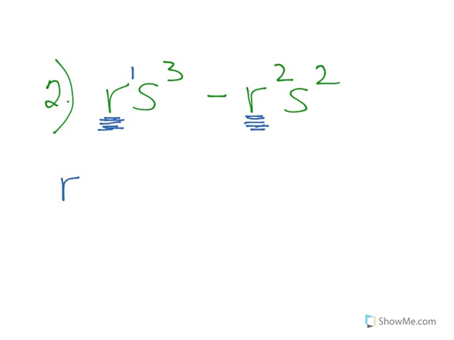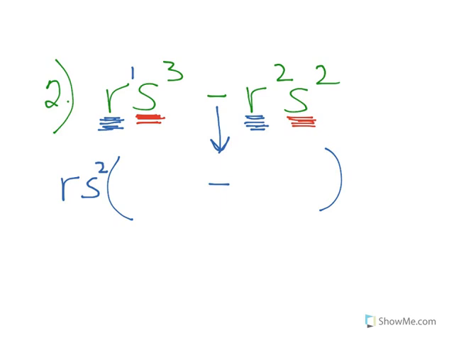And if we look at the s's, we have to compare s cubed and s squared. And when we're talking about GCF, again, you steal the lower of the two exponents. So s squared will be the other part of our GCF. Okay, I'm going to make sure we bring down our subtraction symbol.